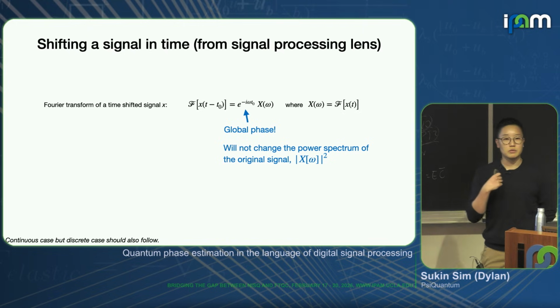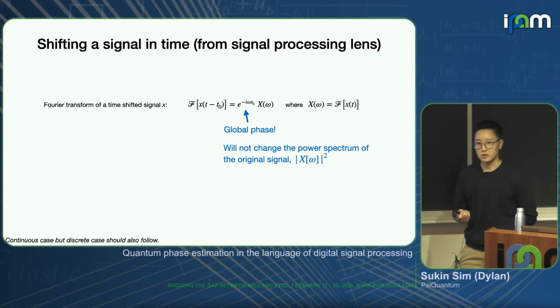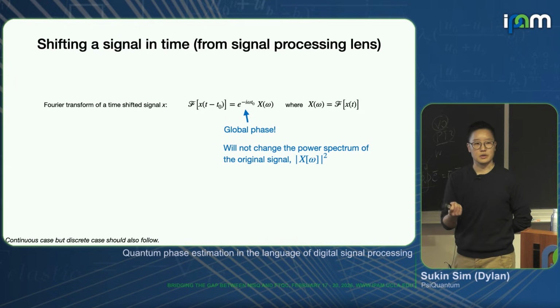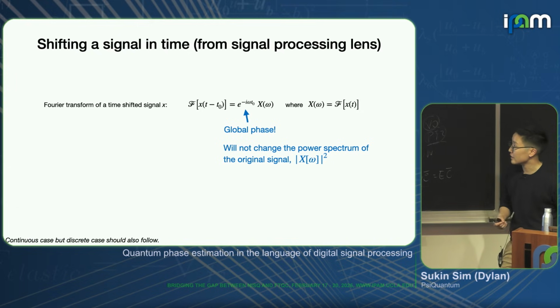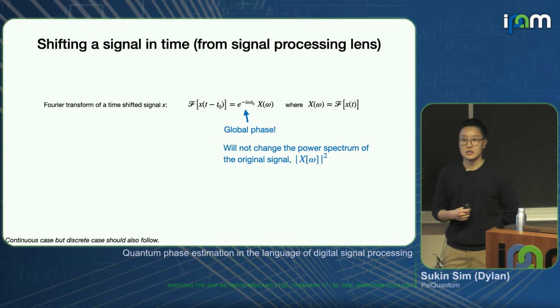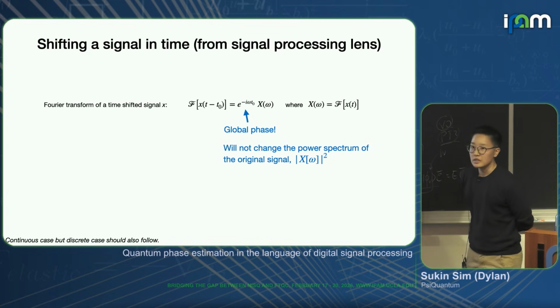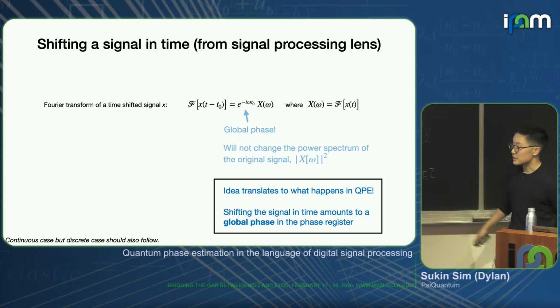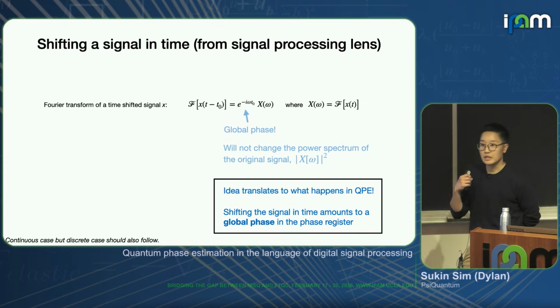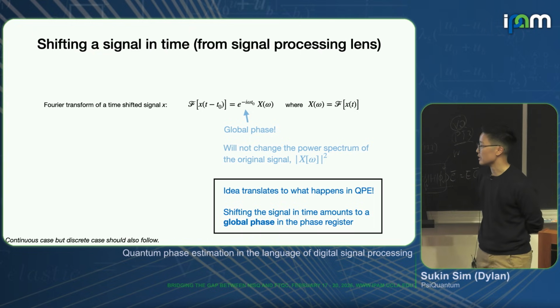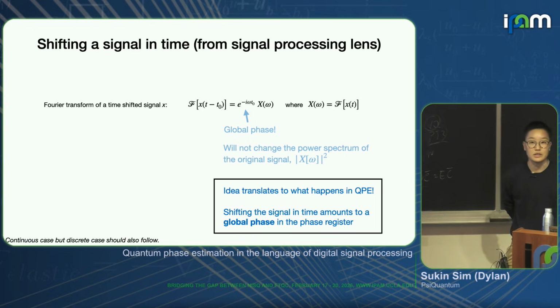Since what we really care about is the power spectrum, the magnitude squared, this global phase is just like how we think about global phases in quantum computing: it does not change the output power spectrum. Intuitively, this translates to phase estimation. If we can find some way to shift the signal in time, this just amounts to applying a global phase in the phase register.